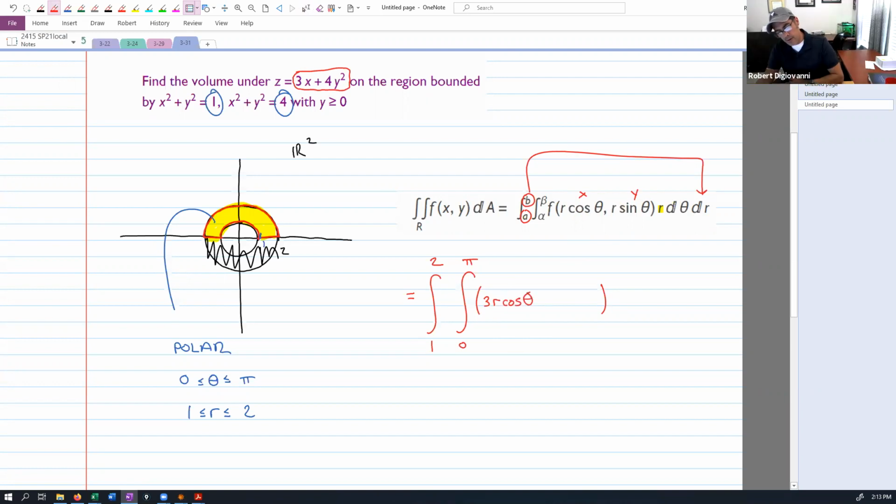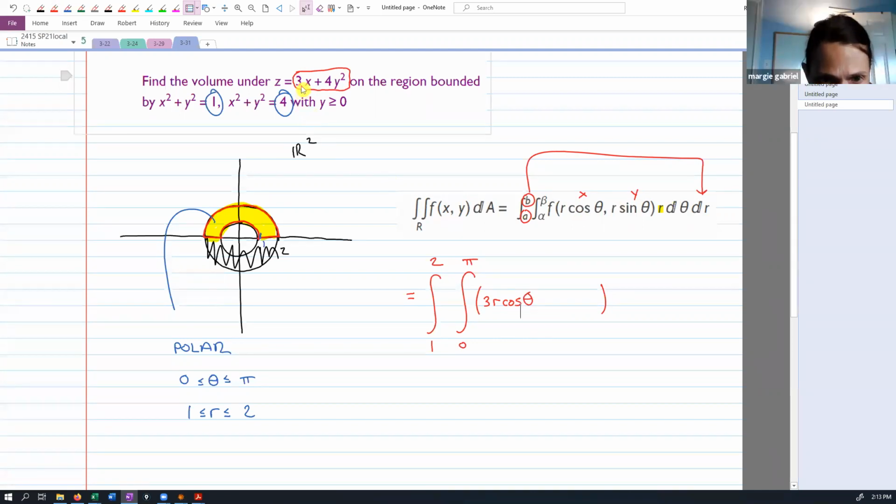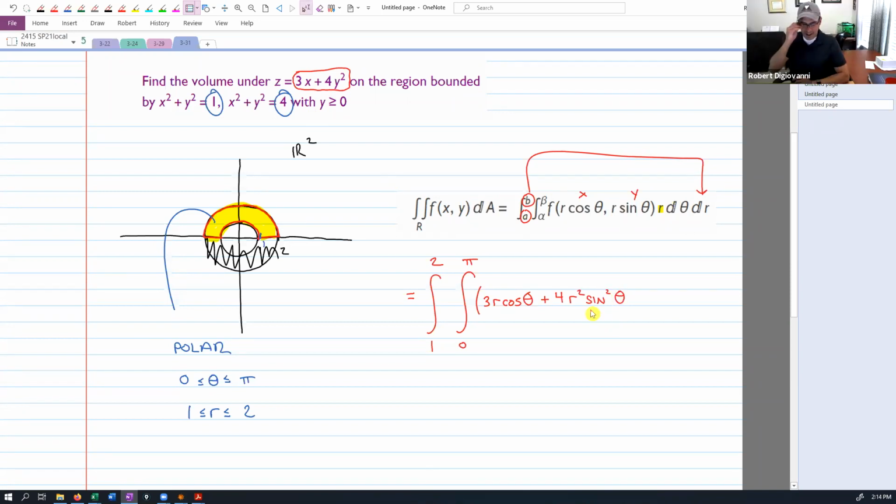And then the second part would be 4, then r sine squared of theta. I'm just going to square the r and the sine and get this. Good. That's it for the function, right?